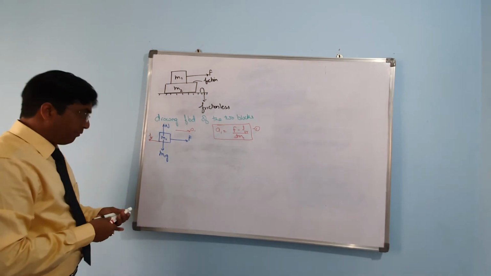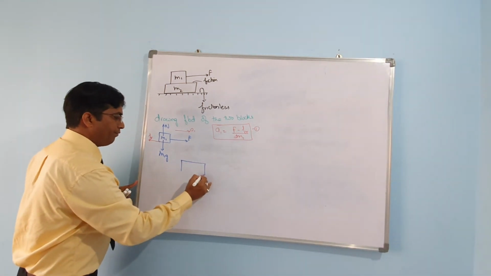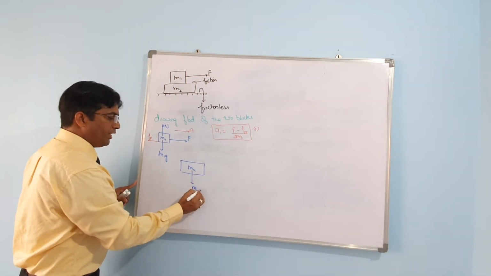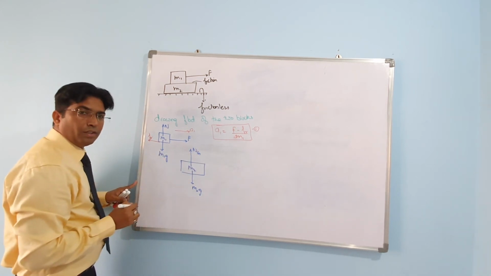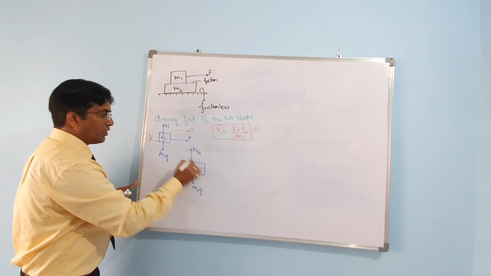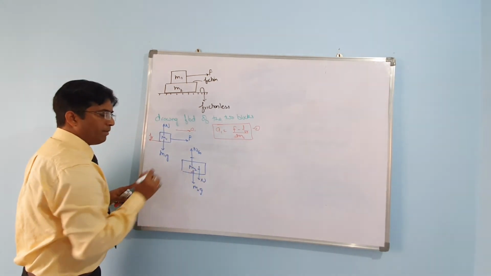If I draw the FBD for the second block of mass m2, m2g will act downward. Normal reaction of the ground, Ng, will be acting upward. Normal reaction, this N, will act downward. All these forces are balanced.